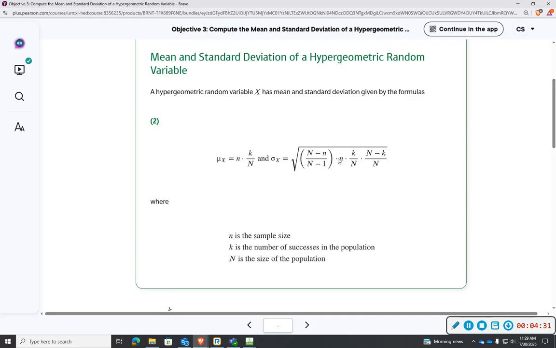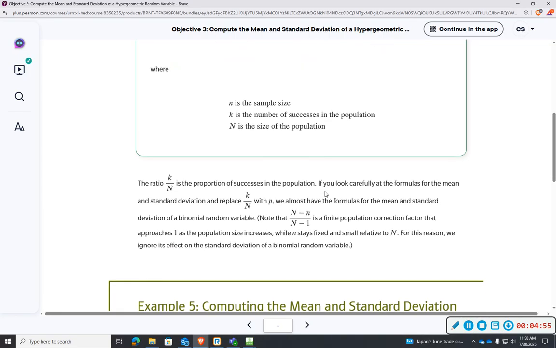And then you're going to multiply that by the mean, so that's n times k over N, same thing here. And then you're going to multiply that by big N minus k over big N. And all of that is under the square root. And they are denoting what each symbol represents. Little n is the sample size, k is the number of successes in the whole population, and big N is the size of the population.